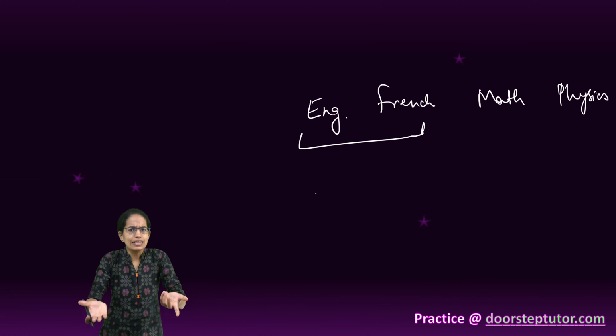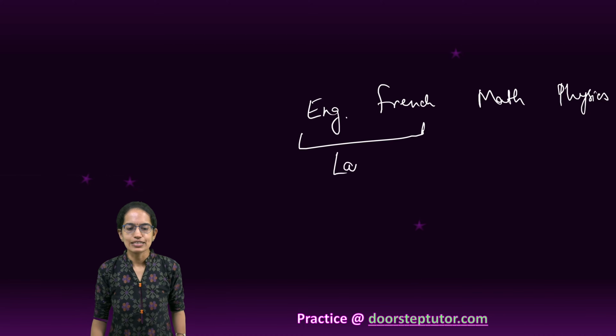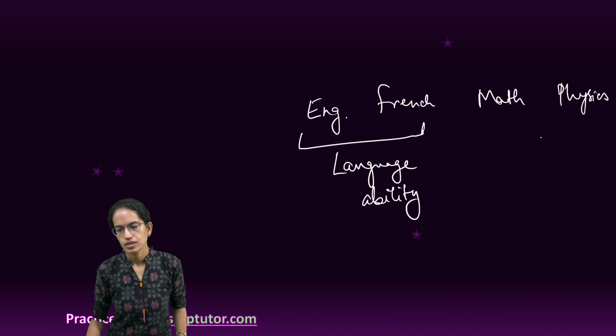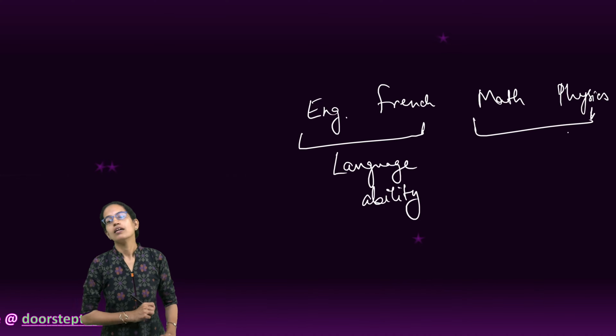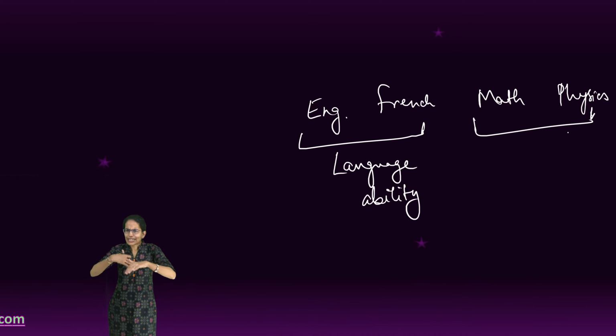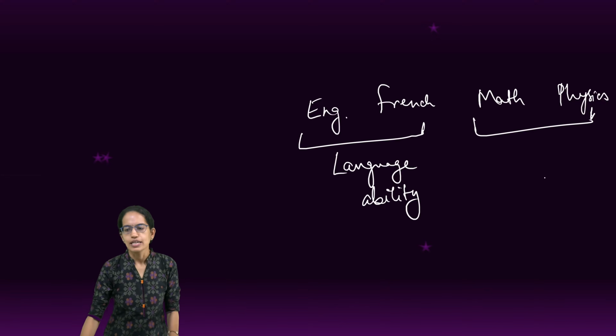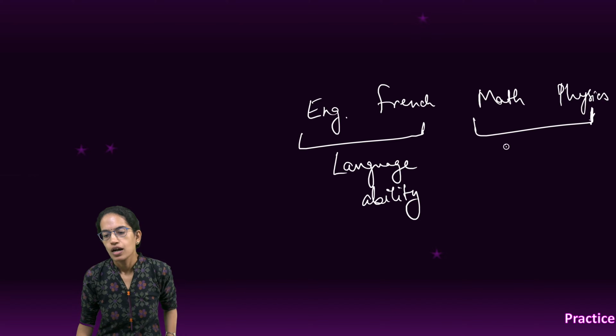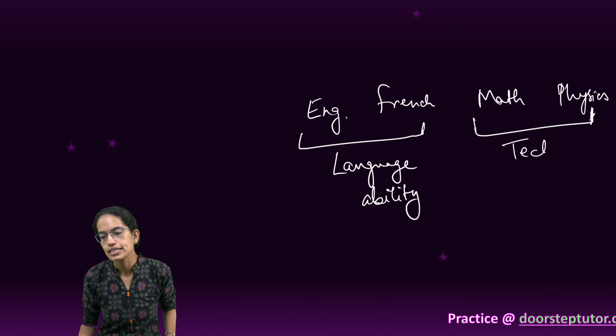But what is the hidden trait? The hidden trait I can say here is the language ability. The next thing is Maths and Physics. What is the hidden trait under Maths and Physics? The hidden trait under Maths and Physics is, let's say, mathematical, or I can say technical ability.